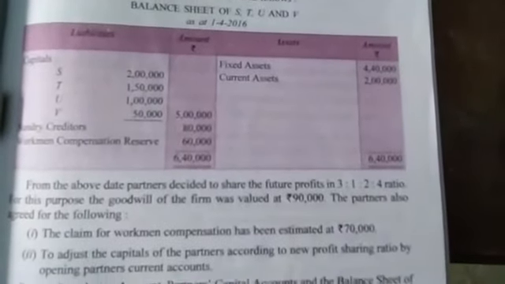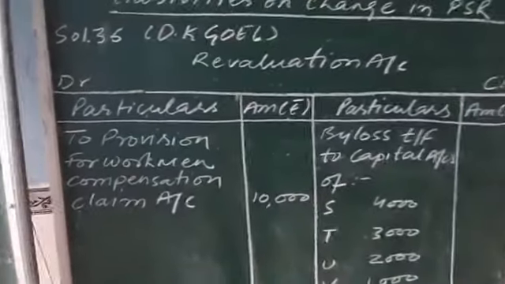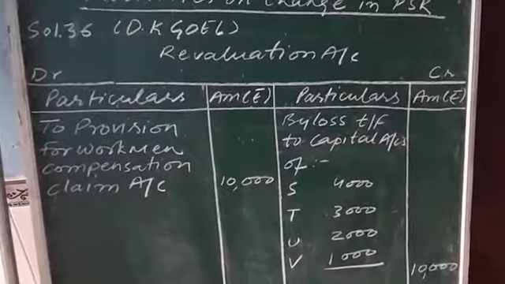Now the claim is estimated at 70,000, which means the liability of workman compensation is increasing by 10,000 rupees, from 60,000 to 70,000. The increase in liabilities is shown on the debit side of revaluation account, as already I have explained. So this 10,000 will be shown on the debit side of revaluation account.